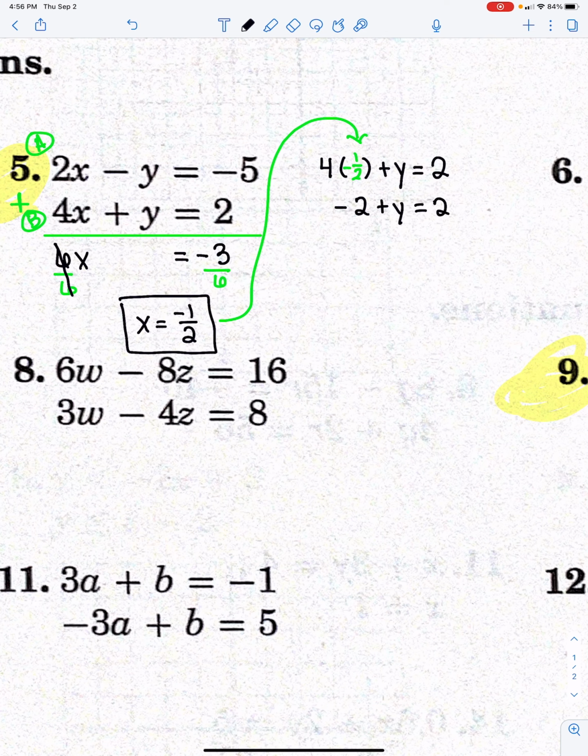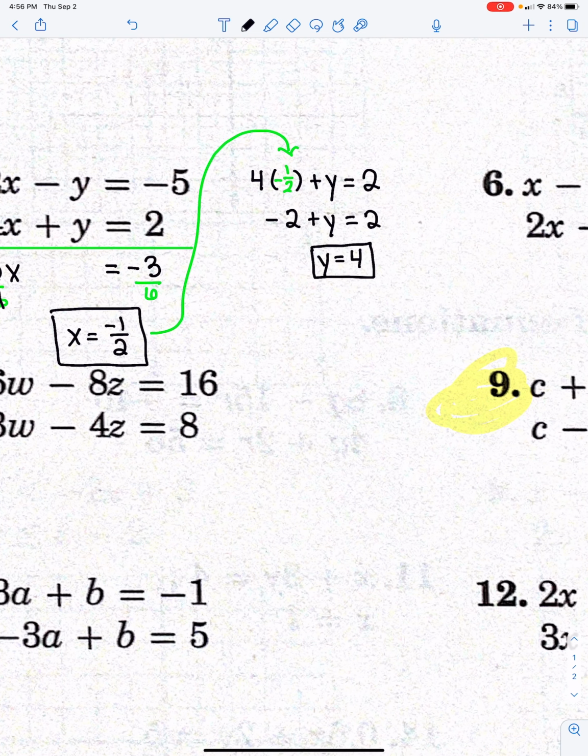Add 2 to both sides, and I get y equals 4. So the solution of these two equations is (-1/2, 4). Again, there's only one solution because there's one x value, one y value. So that is one solution.